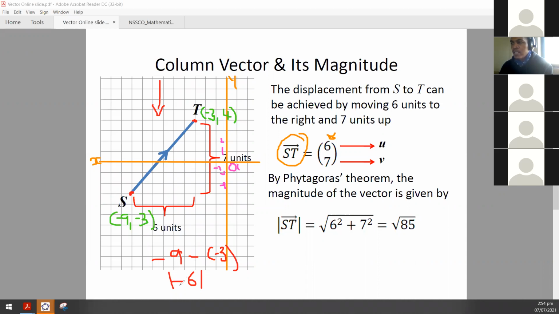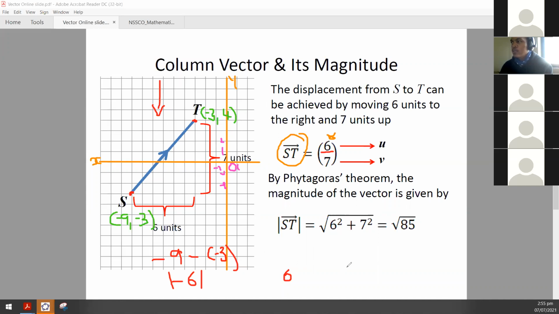So this will normally be an absolute value, which means you just take the positive number, and the positive number of this will be a 6. And that is where you see the 6 over here, as that 6 is what we get from our x coordinates.